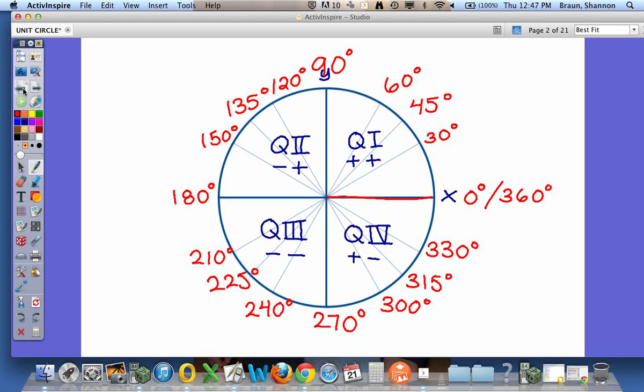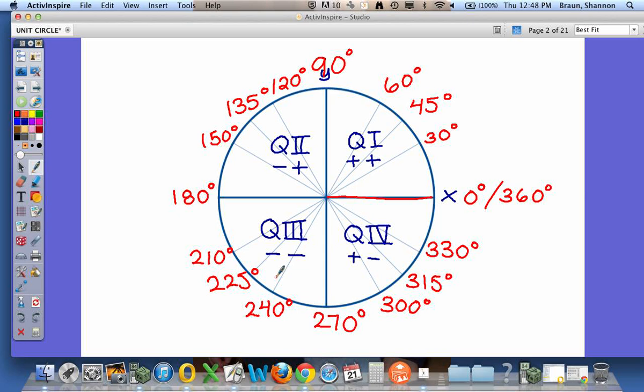So if I go back here, a negative 30-degree angle would be the same thing as a 330-degree angle. Or a negative 120-degree angle would be the same as a positive 240-degree angle.